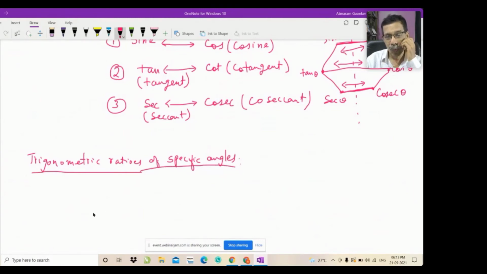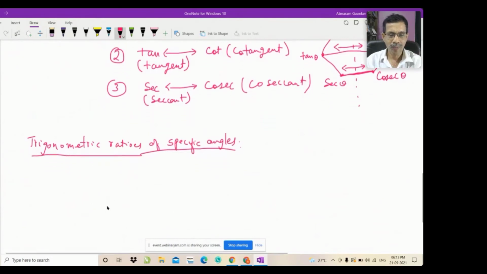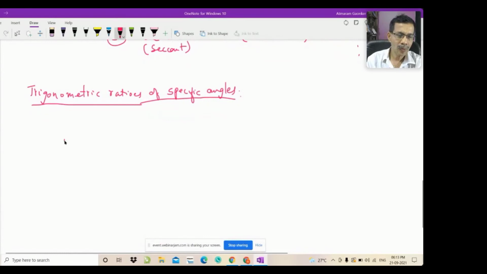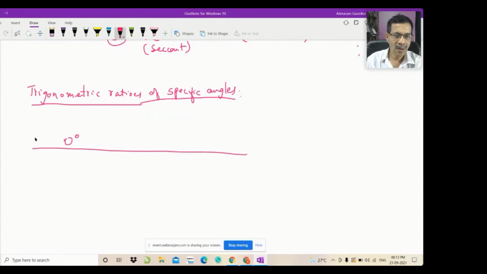And what are those specific angles? Let's see. The angles are, I will write here, one angle is 0 degree. These are the angles.